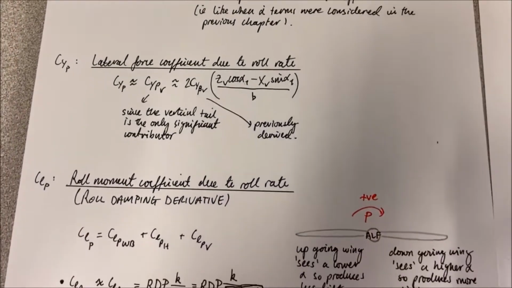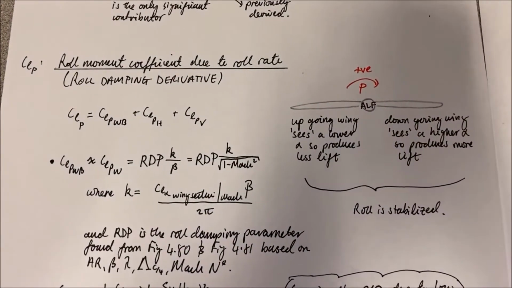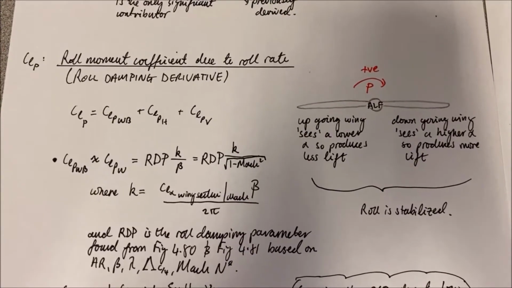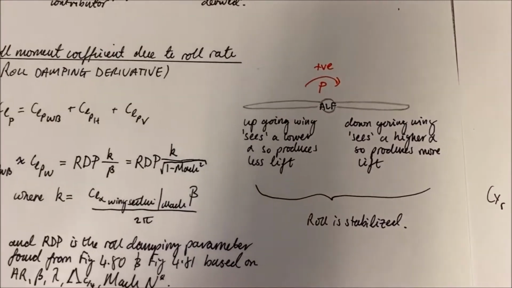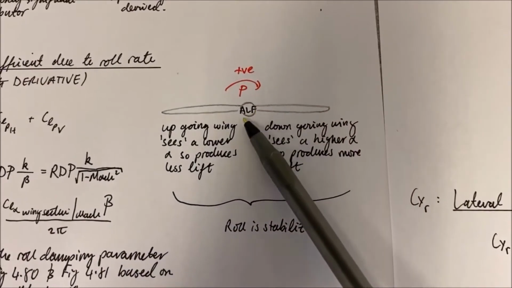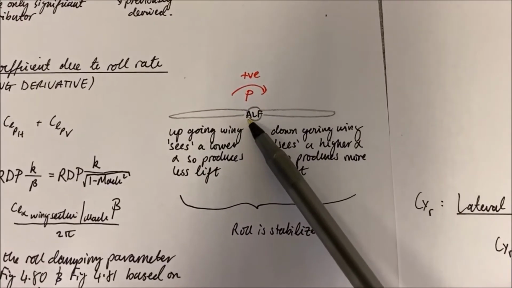The next one is a particularly interesting and important one. It's the roll moment coefficient due to roll rate. This is otherwise known as the roll damping derivative, because if you consider my little sketch over here, this is an aircraft aft looking forward, so we've got a positive roll rate, so right wing down.